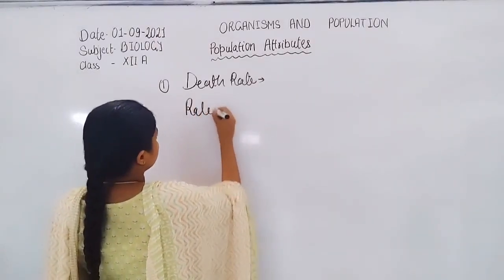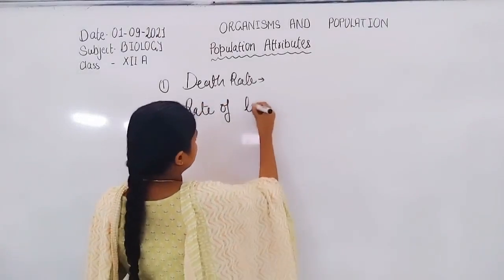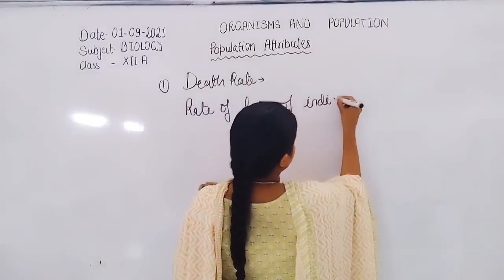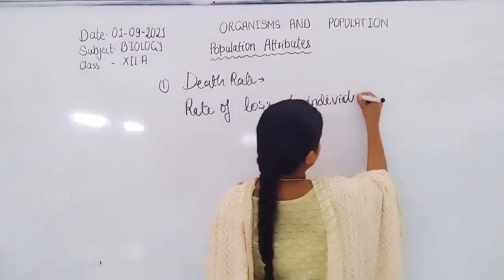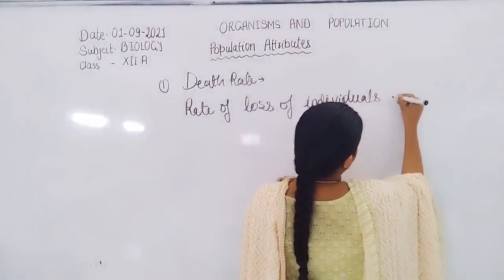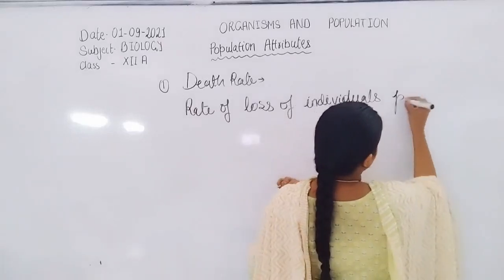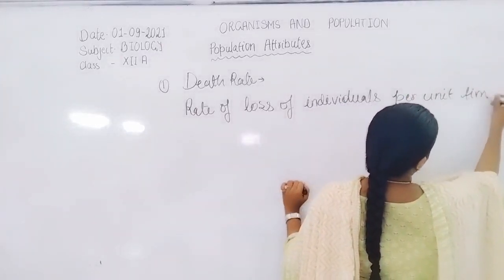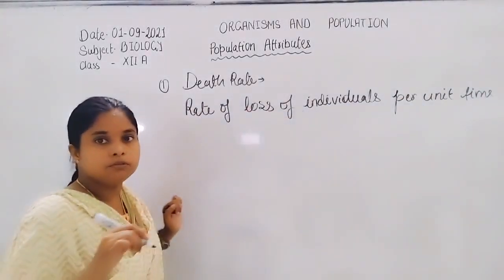Here it is the rate of loss of individuals per unit time due to death.